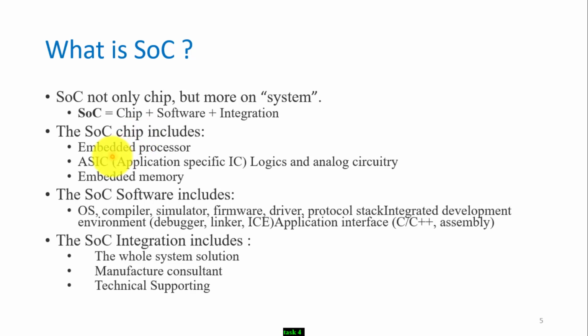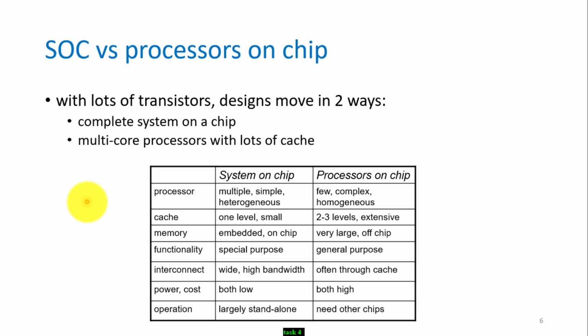So the system on chip should include an embedded processor, application specific ICs for logic and analog circuitry, and an embedded memory. All of this is integrated using an operating system or software. All of these are combined together to give us what we call a system on chip. The hardware alone is not a system on chip.